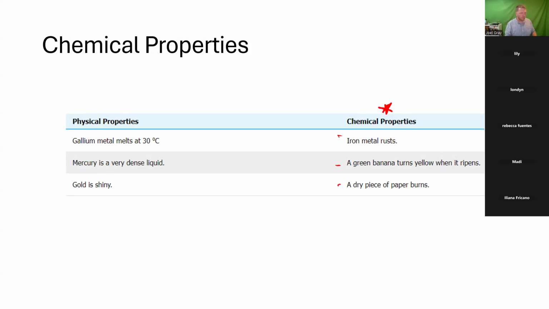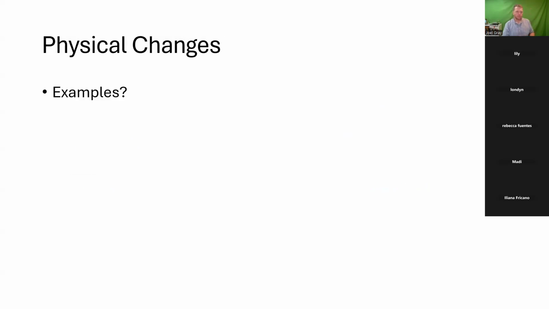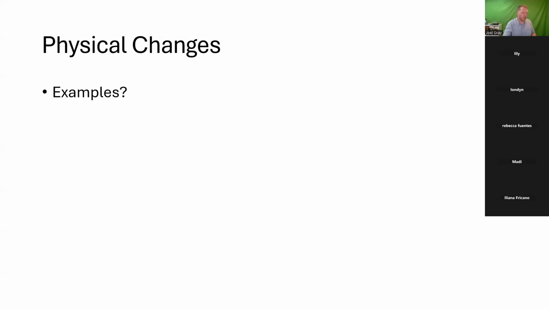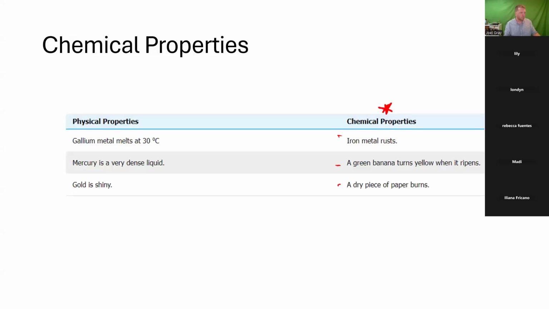So I want you to think about physical changes and chemical changes, and have a vocabulary of words that you can think about as, okay, that's a chemical change versus a physical change. When it comes to a chemical change, I want you to look for words like rust.